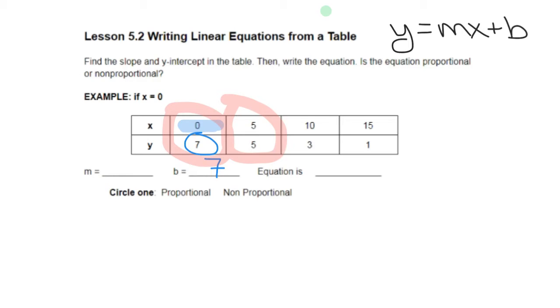Now there are two ways you can do this. You can simply observe what's happening as your y's change. This y starts at 7 and it goes to 5. It was reduced by 2. It's going down by 2, so that would be a -2.